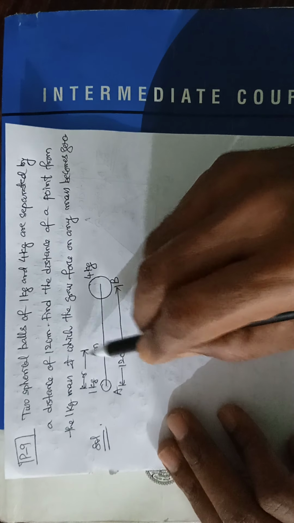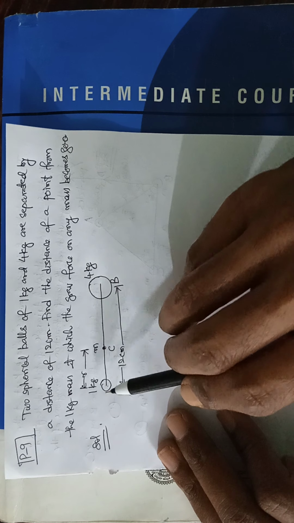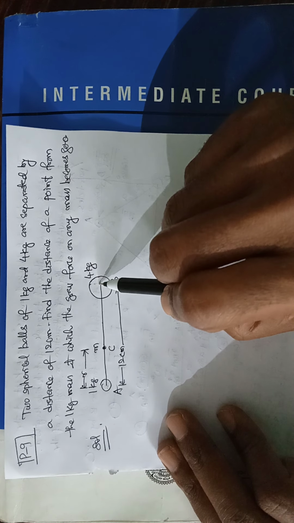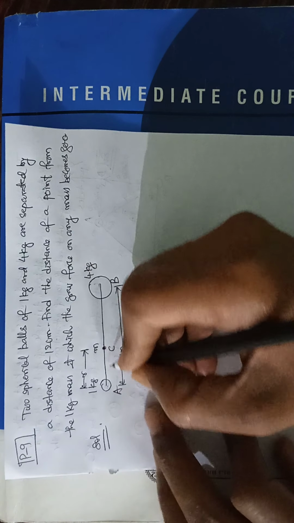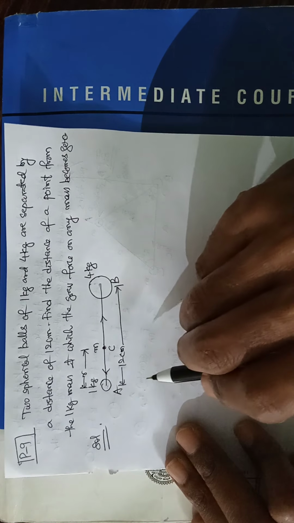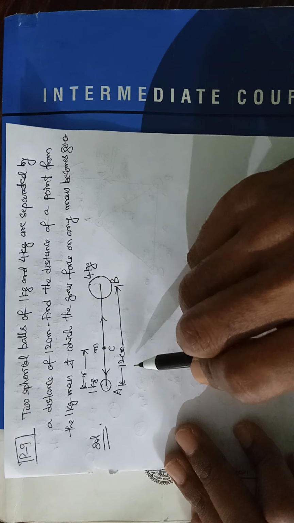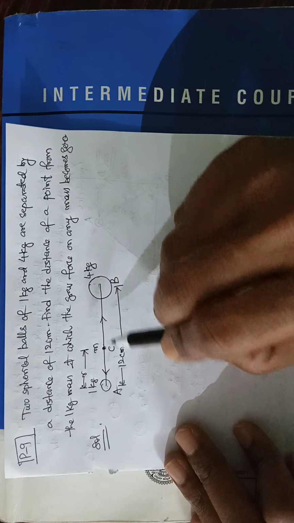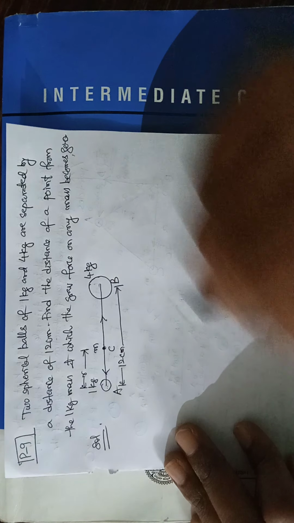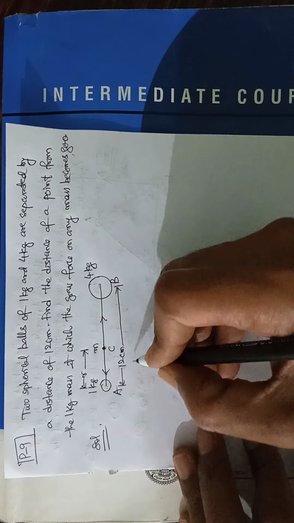This mass will be pulled by this mass as well as this mass. So the point is so chosen that the resultant of the two forces becomes 0.